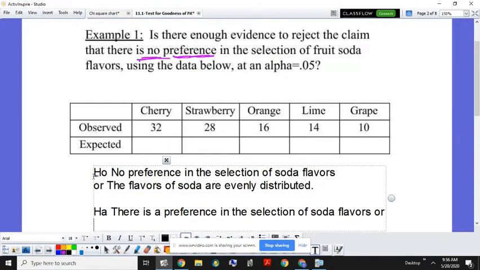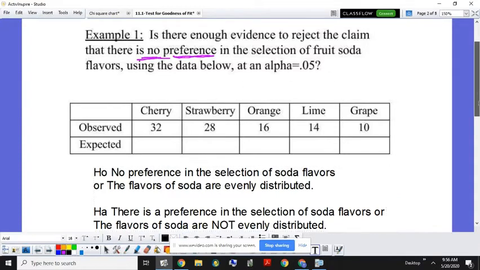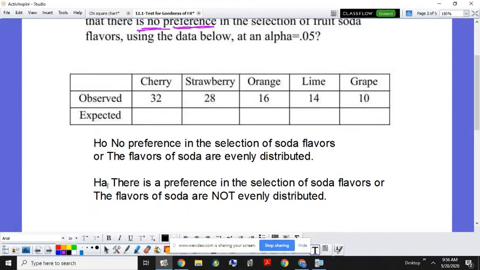Or if you're going to do the other one, you would say the flavors of soda are not evenly distributed. Okay, so either one. If you say no preference, then in the Ha you say there is a preference. If you say the flavors are evenly distributed, then you say the flavors are not. Just keep it consistent when you're doing it.